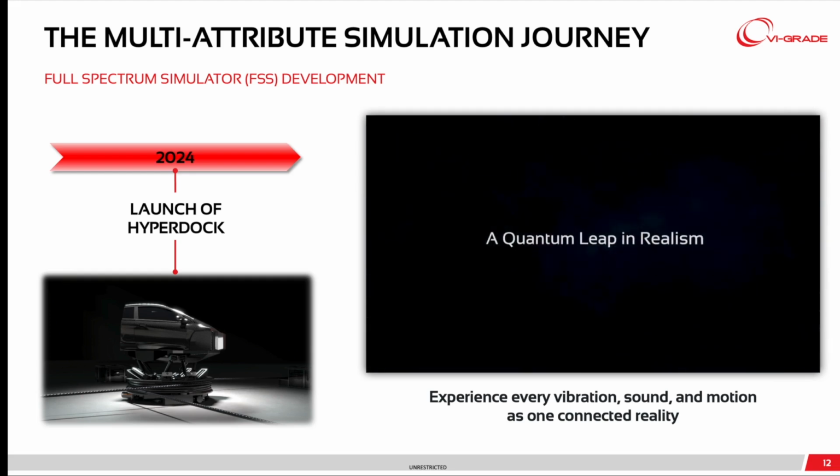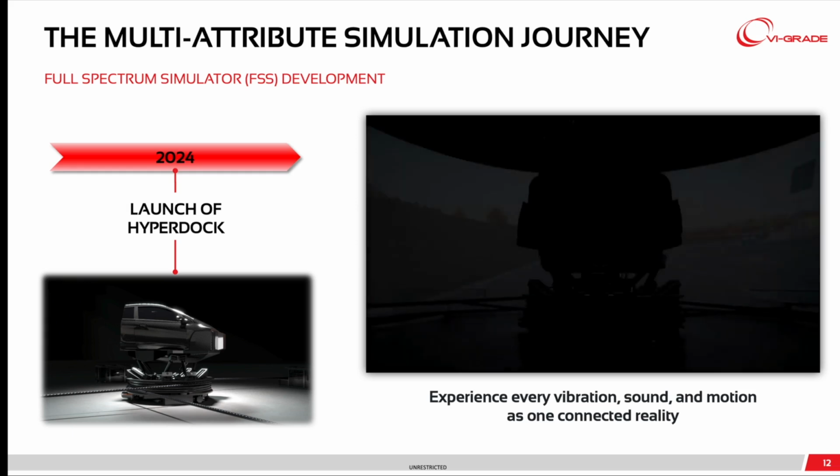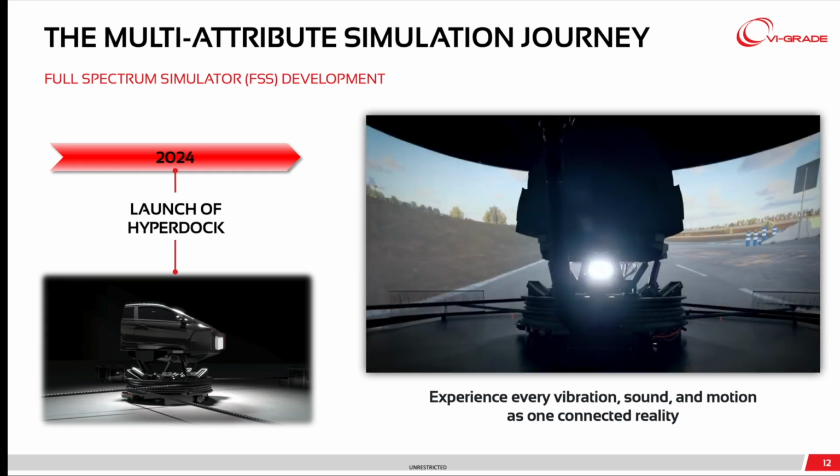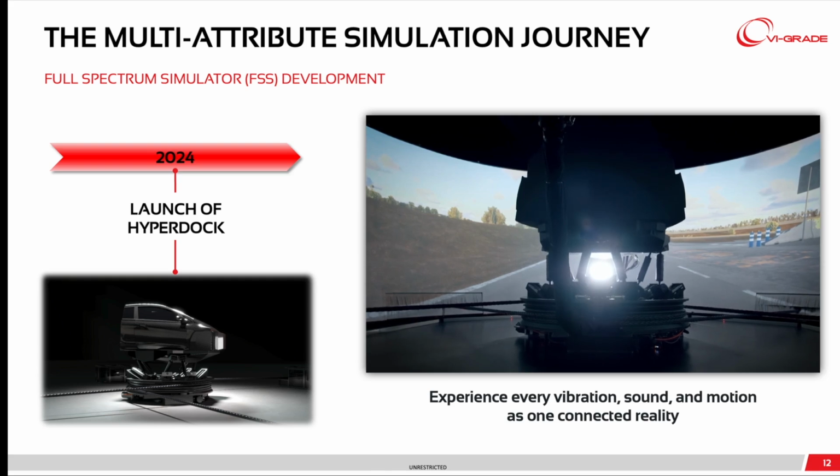So again, we have 3 shakers beneath the seat for longitudinal, lateral, and vertical acceleration. We have 4 shakers on the steering wheel for lateral and vertical acceleration, and 2 shakers on the heel plate for, again, lateral and vertical acceleration.